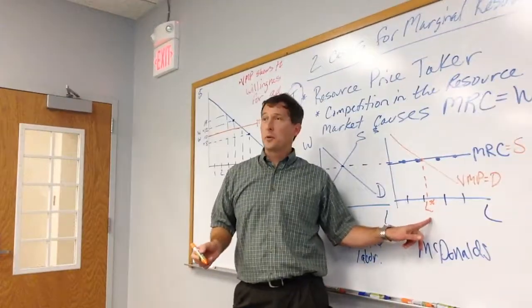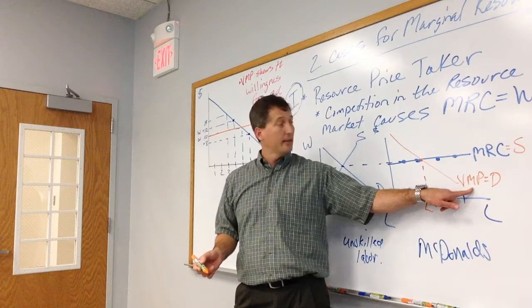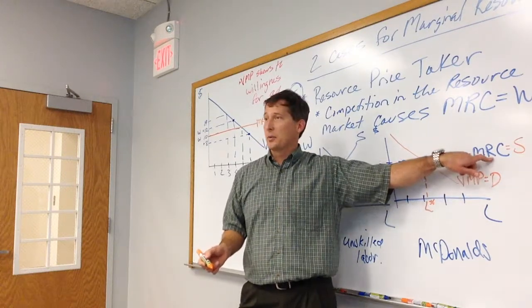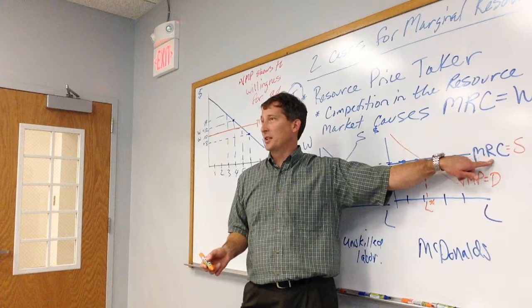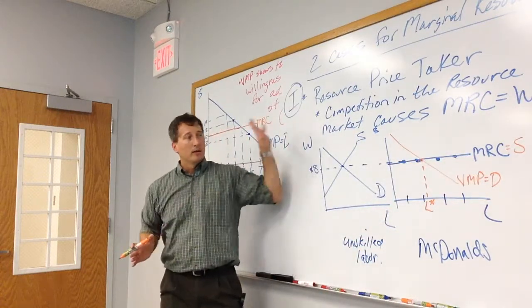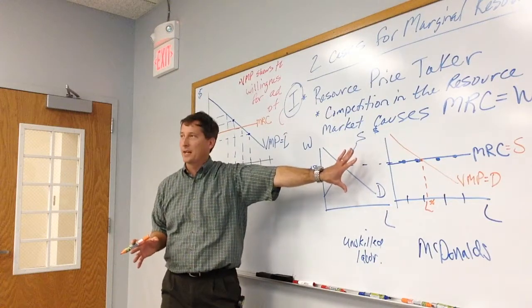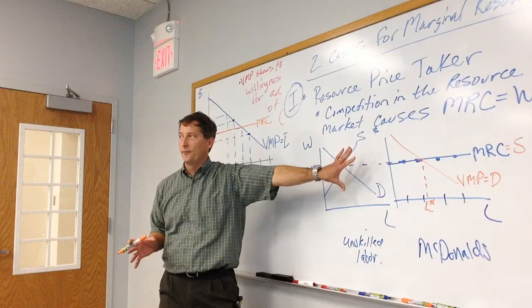The amount of labor where the value of the last person hired in terms of the revenue that they generated is equal to the cost of that person. Good old marginal analysis. The economic way of thinking. Okay, questions there? That's kind of what we've teed up so far. Now you got it down in your notes. Good?